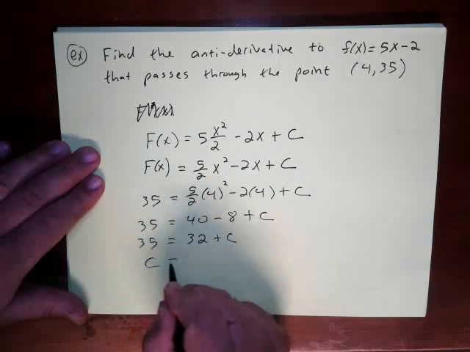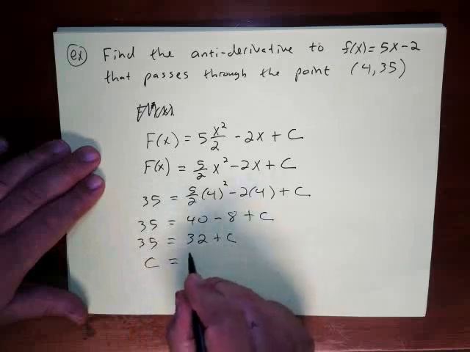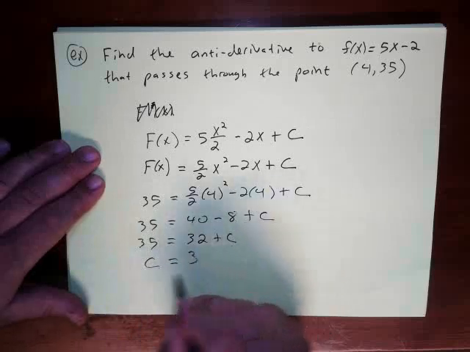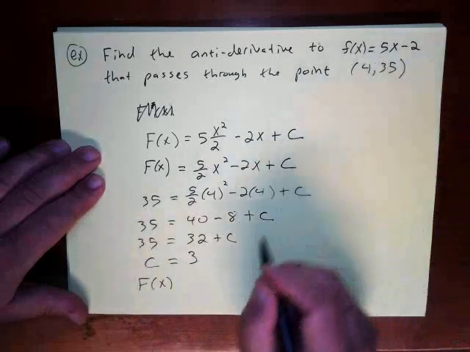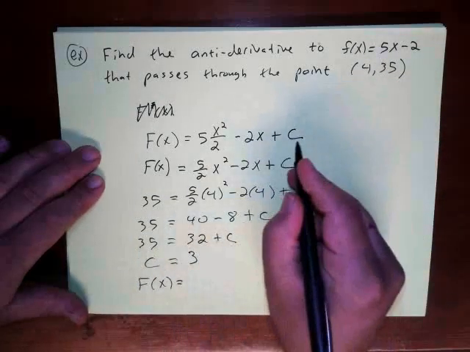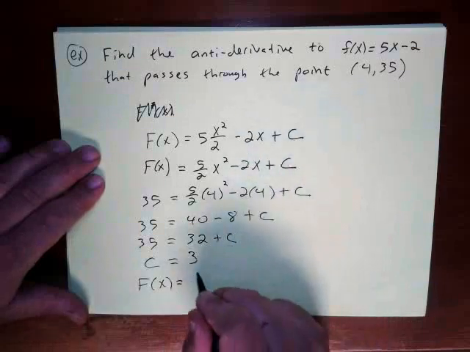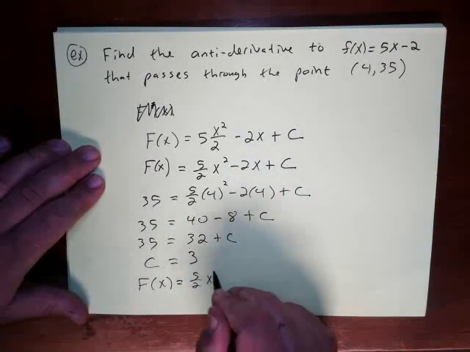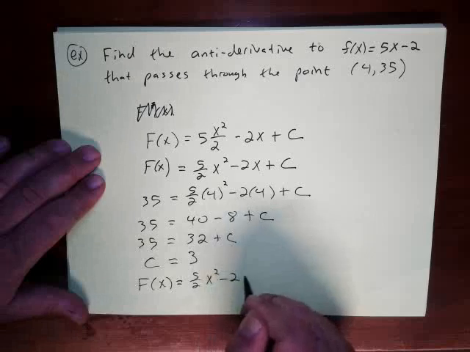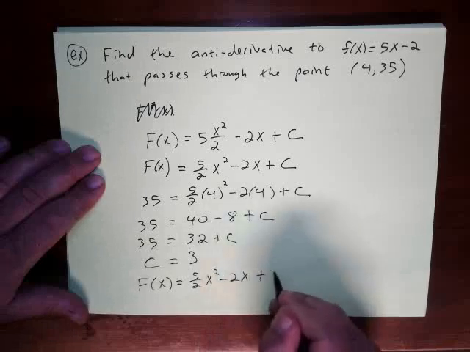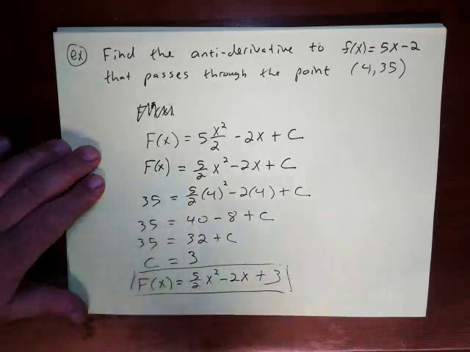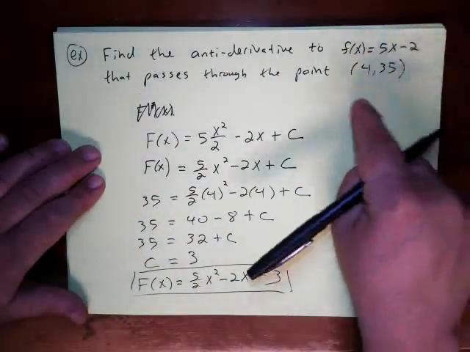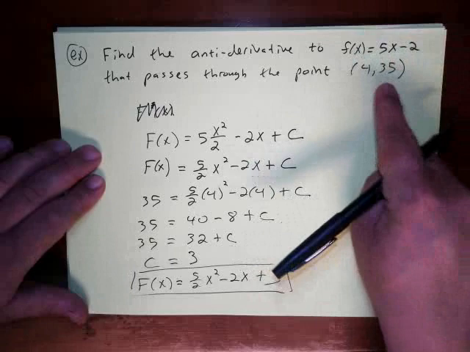So it looks like my c is equal to 3. So my specific antiderivative that passes through that point will be, now I plug the 3 in, 5 halves x squared minus 2x plus 3.